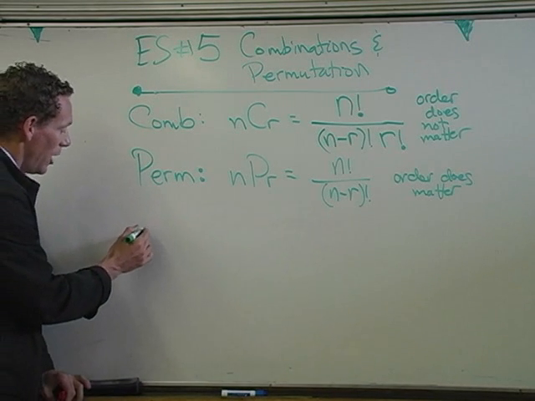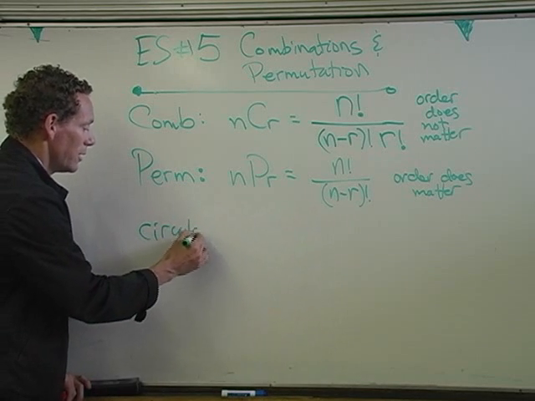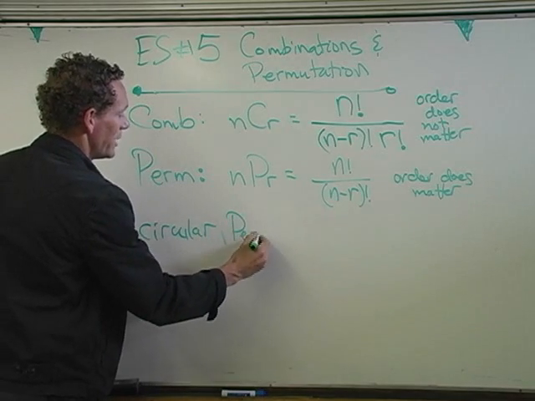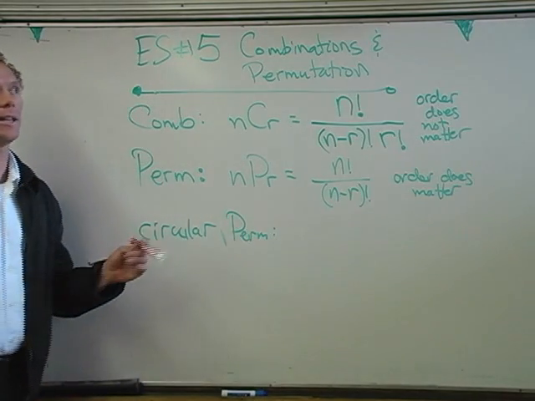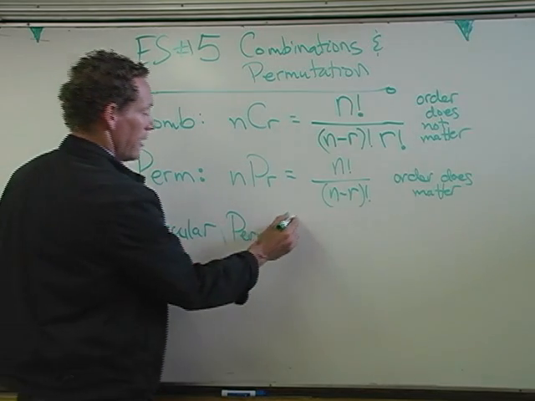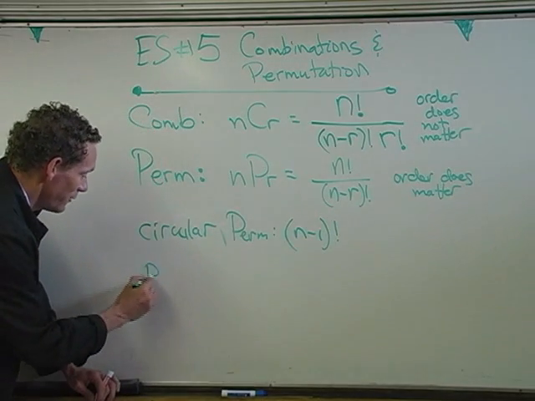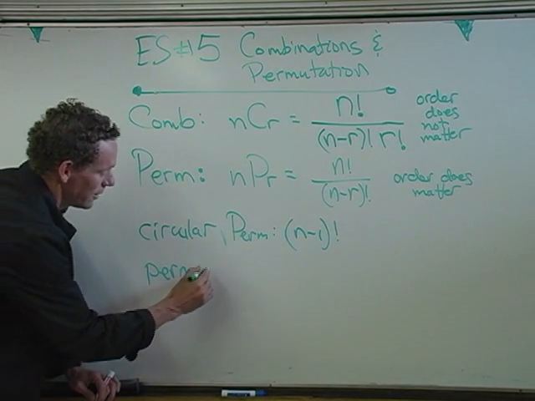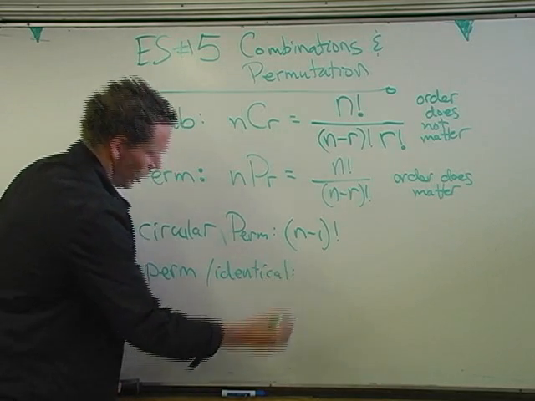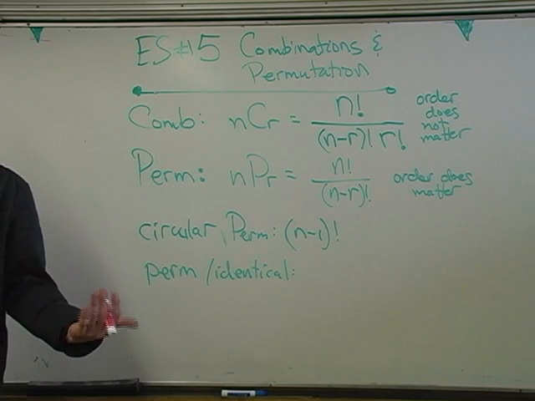We also have circular permutations, and we calculate that by n minus 1 factorial. We have permutations for identical objects. What's the example we did in class? Mississippi.